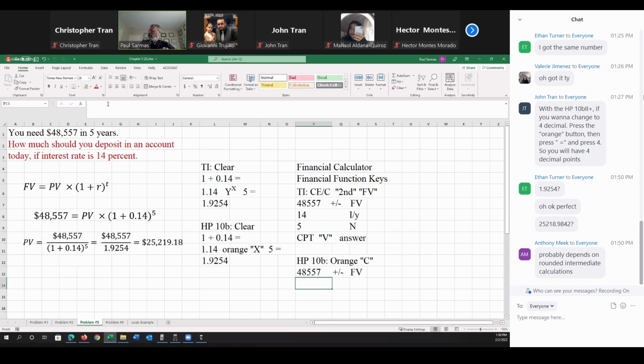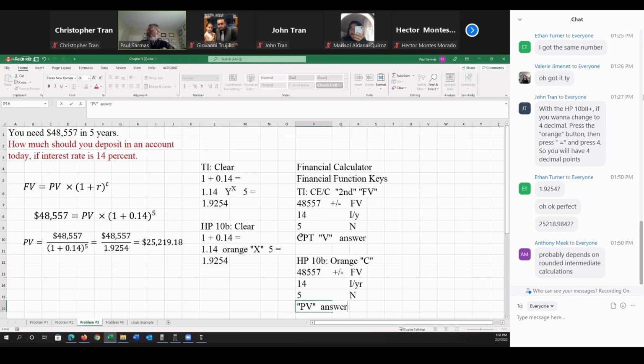Future value. 14. YR key for interest, and 5, N key, and then you do present value. I'm sorry, this is not clear here, and the answer will be, you will see in a moment.